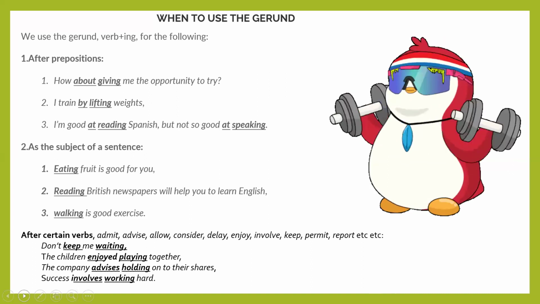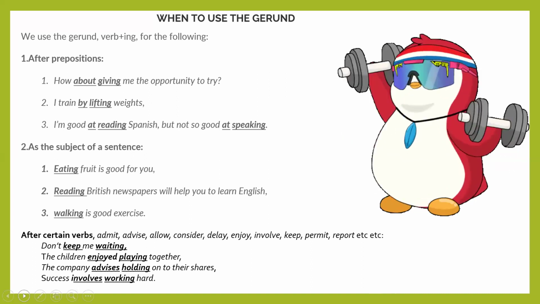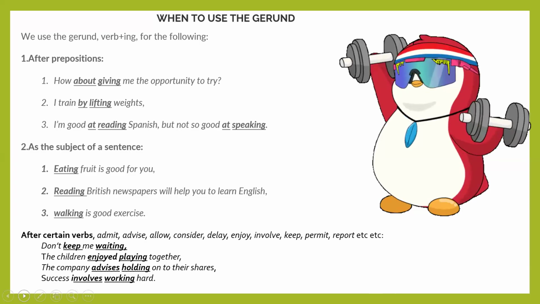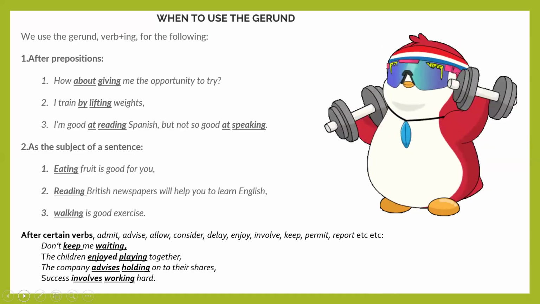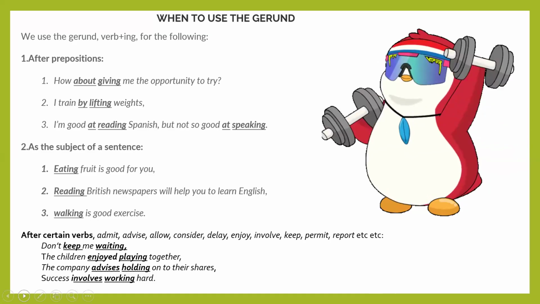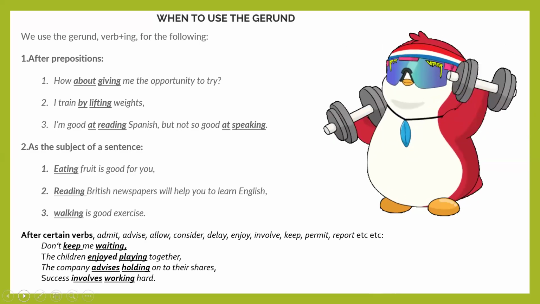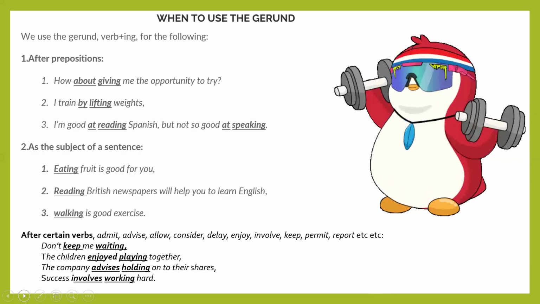The company advises holding on to the shares. Holding is a gerund; advises is the verb, present form. Success involves working hard. Involves is the verb, working is a gerund. So these are a few verbs which are used along with gerunds.